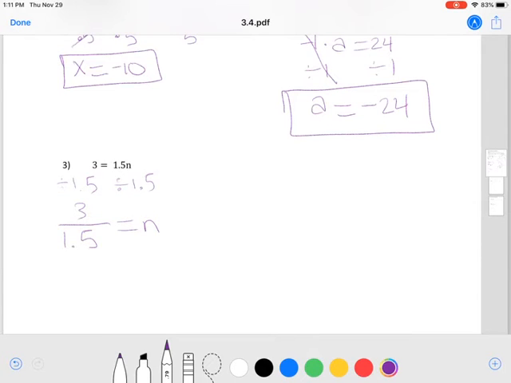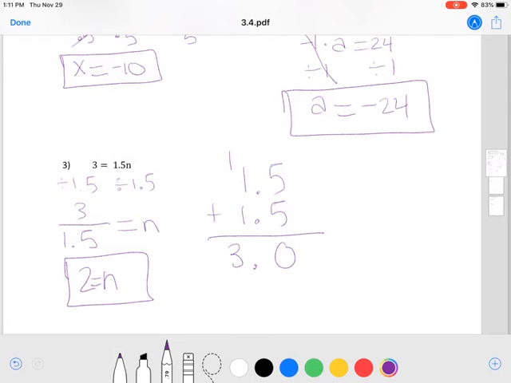And if you don't already know, it's 2. N equals 2. And you can stack that up just to check your work, but if we have 1.5 plus 1.5, 5 plus 5 is 10, carry the 1, 3 ones is 3, and bring down a decimal point. So just to show you, 1.5 goes into 3 twice, so our N equals 2.